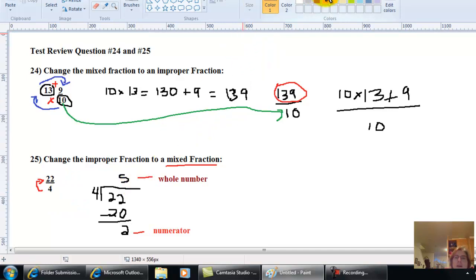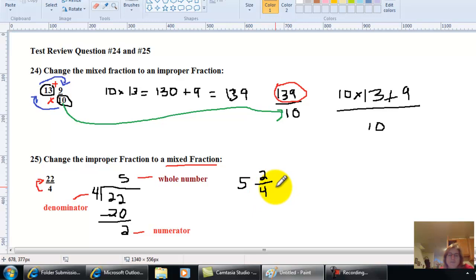So this then is the denominator. Okay, so when we build that fraction, it will look like the whole number 5, because 4 goes into 22 5 times, 5 whole pieces, and 2 is the fraction or the bits left over, that remainder. 2 on the numerator, back over the 4 for the denominator.